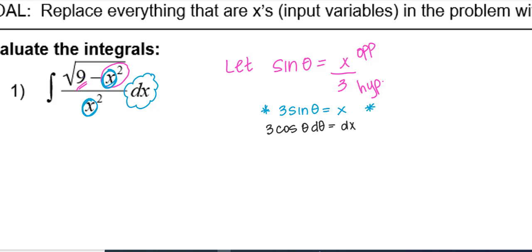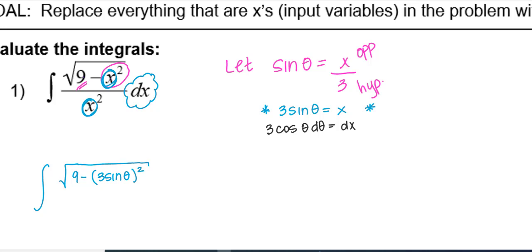Because again, x is not necessarily theta, right? So if x is 3 sine theta, we have to be able to find dx. And I'm going to do my substitution in one step without any simplifying. I'm just going to write it all down. So it's going to be the antiderivative, square root of 9 minus the x, which is 3 sine theta quantity squared.